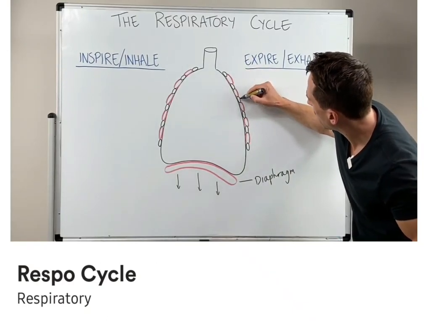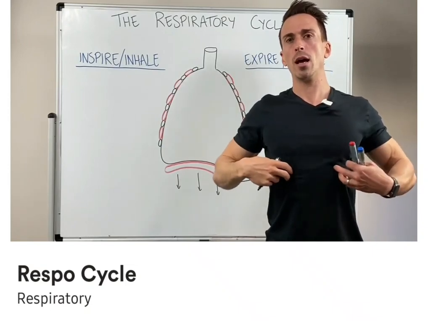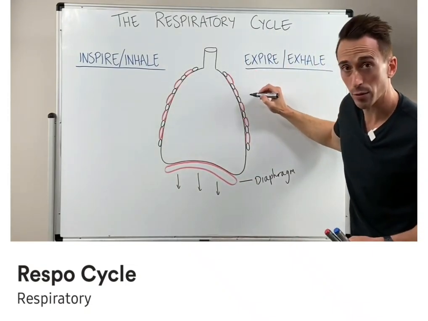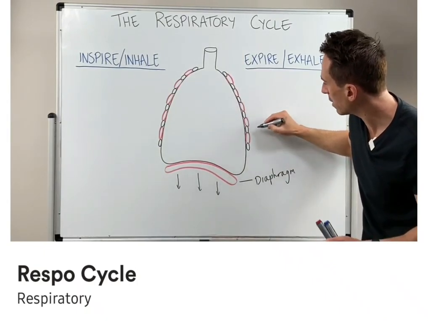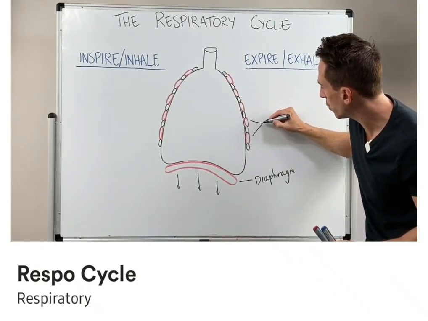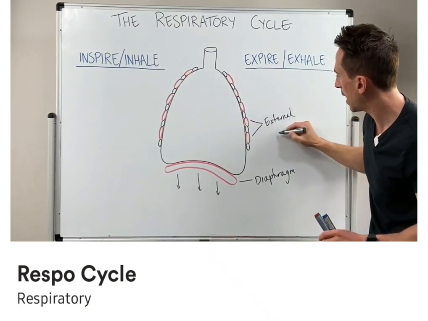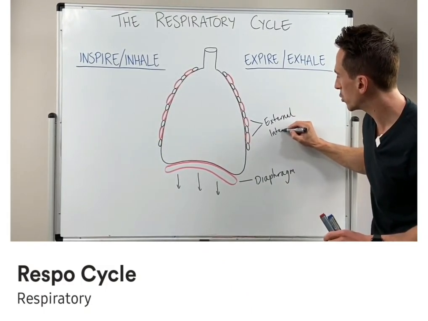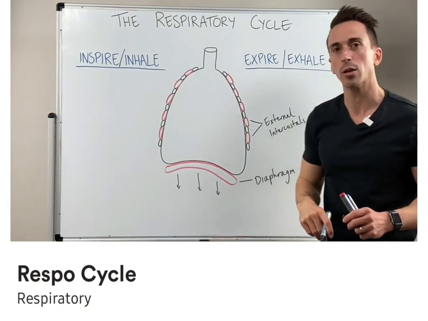See, what I've got here are ribs, right? And we know that our ribs line our thoracic cavity, and we've got muscles. We've got muscles on the outside and we've got muscles on the inside. Now these muscles on the outside are called external intercostals. External because they're on the outside, inter meaning between, costals meaning cartilage, specifically ribs.